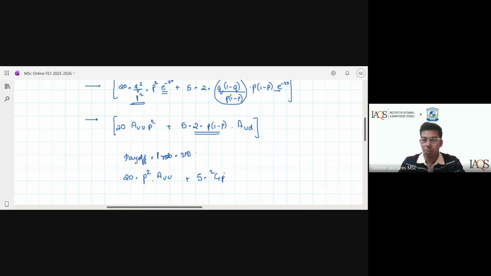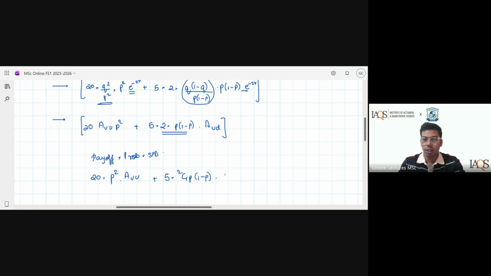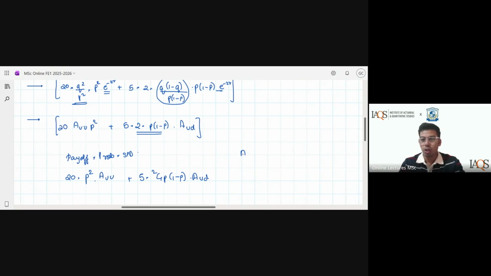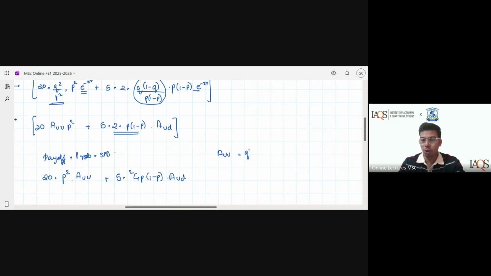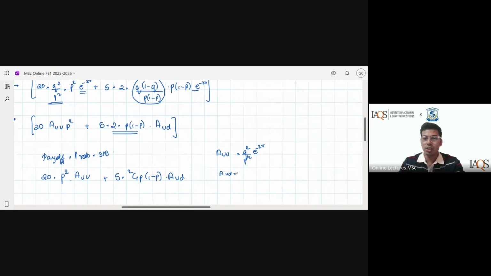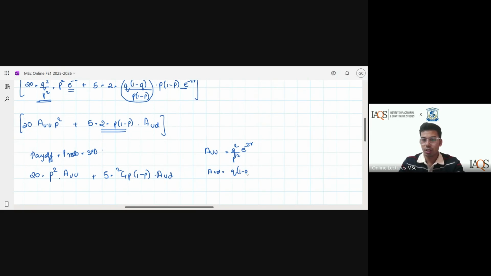So 2C1 P raised to 1, 1 minus P raised to 2 minus 1, into your state price deflator, which will be an up move and then down. This is how you write. And AUU is risk neutral probability upon real world probability into PV factor. Similarly, AUD is risk neutral probability upon real world probability into PV factor, where risk neutral and real world probability will be based on how many up moves and how many down moves I have, and so on.